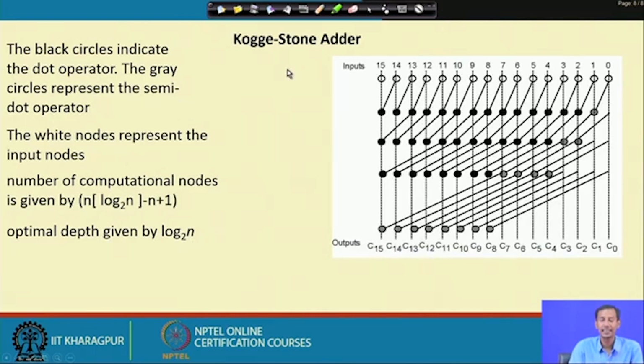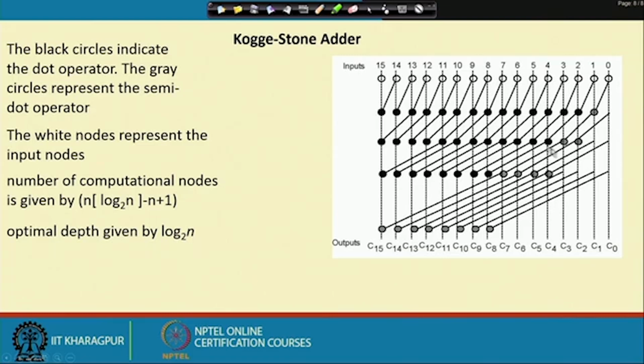Then there is another method proposed by two scientists, Mr. Kogge and Mr. Stone. They have named this adder architecture the Kogge-Stone adder. Here, the operators are overlapped with each other.